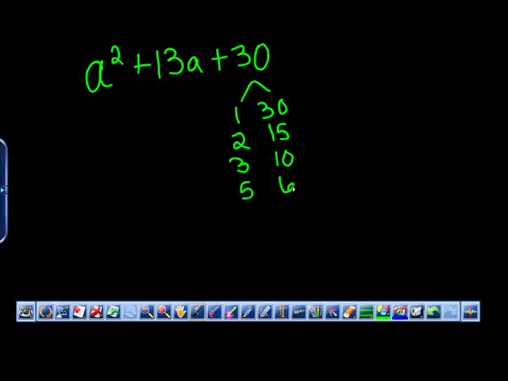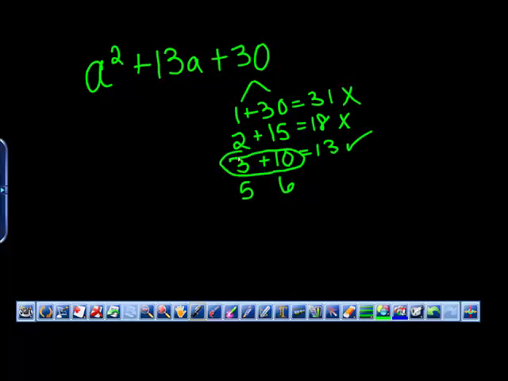So taking a look here, we need to find the pair that adds up to equal 13. Well, 1 plus 30 equals 31. So that's not it. 2 plus 15 equals 18. Not it. 3 plus 10 equals 13. This is what we're looking for.